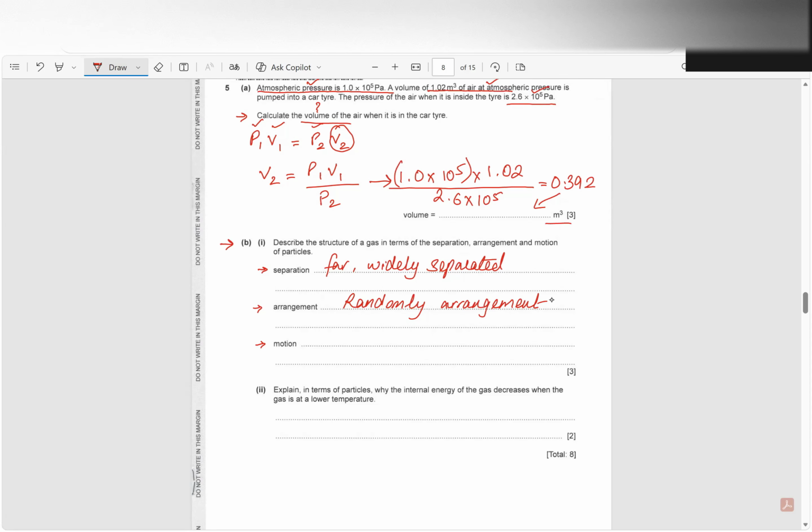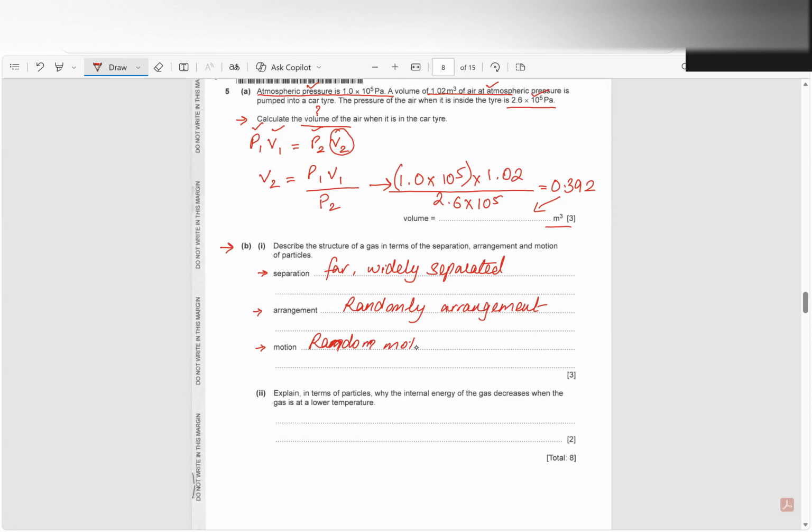It says motion. We have to talk about motion as well. We need to understand that they're constantly moving and they're moving in random directions. So we're simply going to add here random motion and constantly moving.